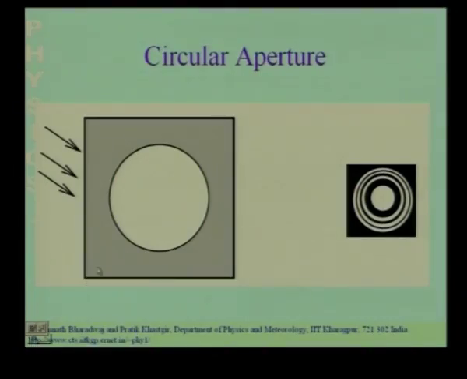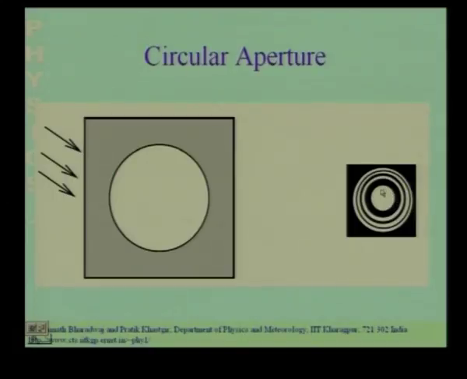When the light coming from the distant star passes through the circular aperture of the telescope, the image produced is not going to be a point. It is going to be the diffraction pattern produced by the circular aperture. The image of a star produced by a telescope is the diffraction pattern shown here.